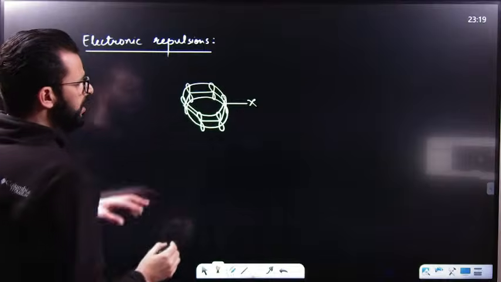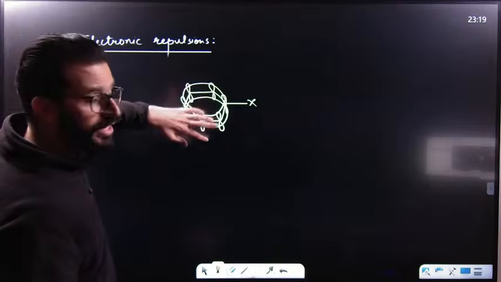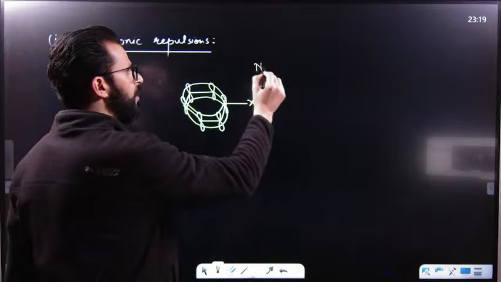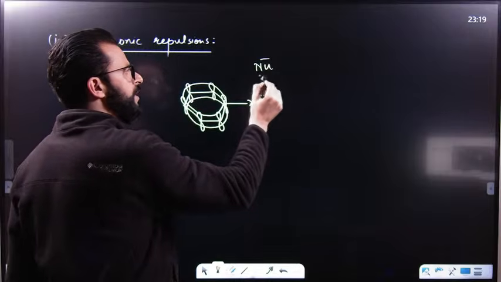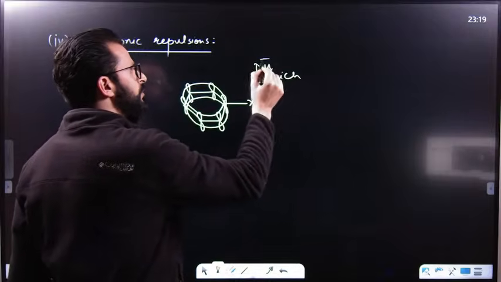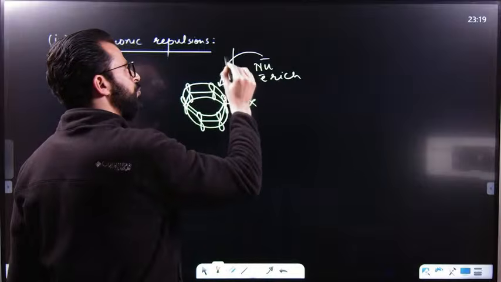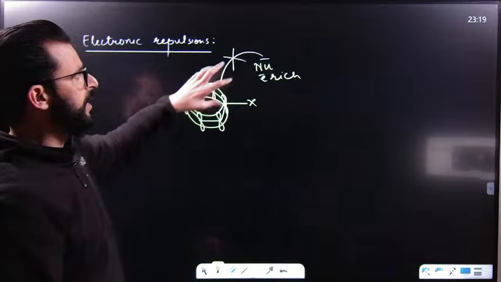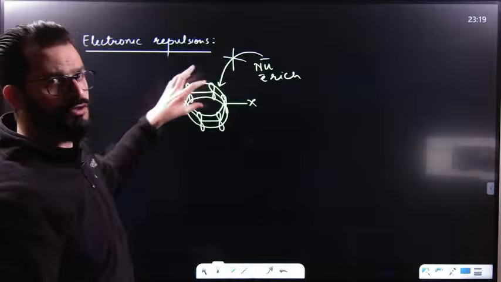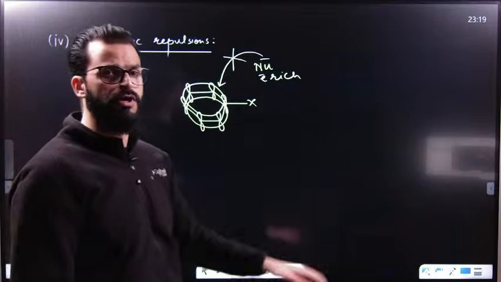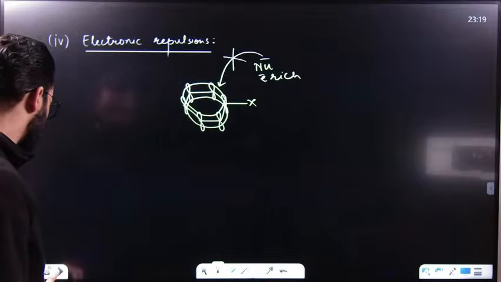That means there will be a pi electron cloud above and below the plane. When the nucleophile wants to attack, the nucleophile is already electron rich, and this is electron rich, so there will be electron repulsion. Hence there will be no nucleophilic substitution at all.